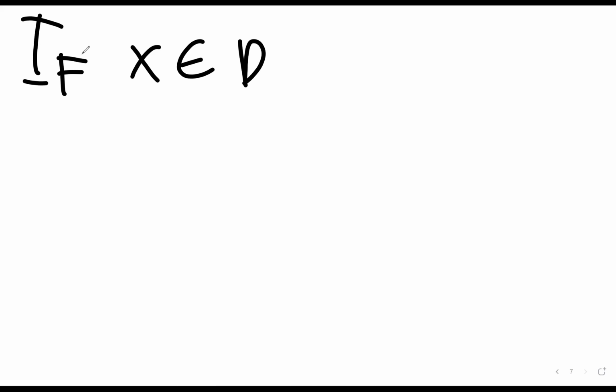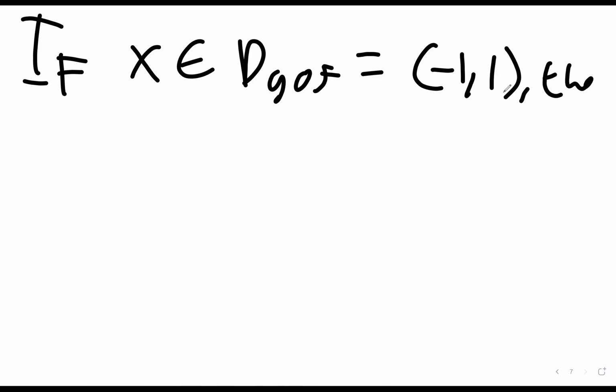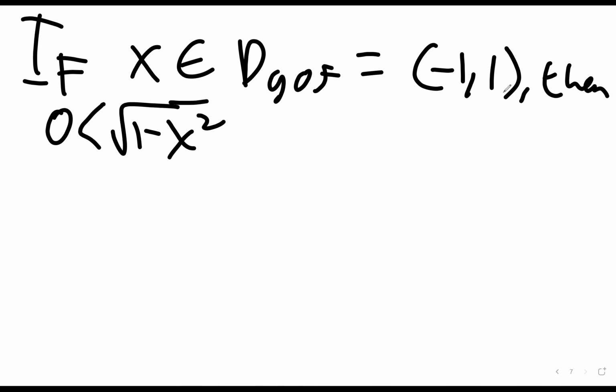So if x belongs to the domain of G composite F, and in this case we just found that this is an open interval (-1, 1), then calculate this one. Square root of 1 minus x squared is greater than 0, and it's also less than or equal to 1.